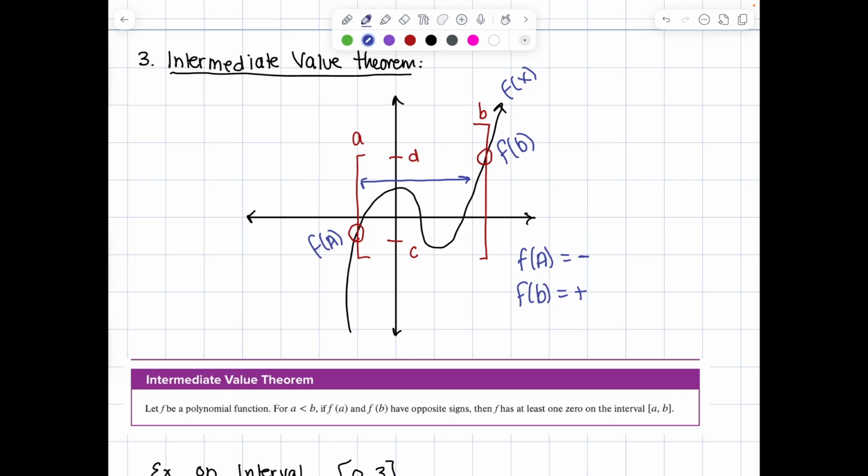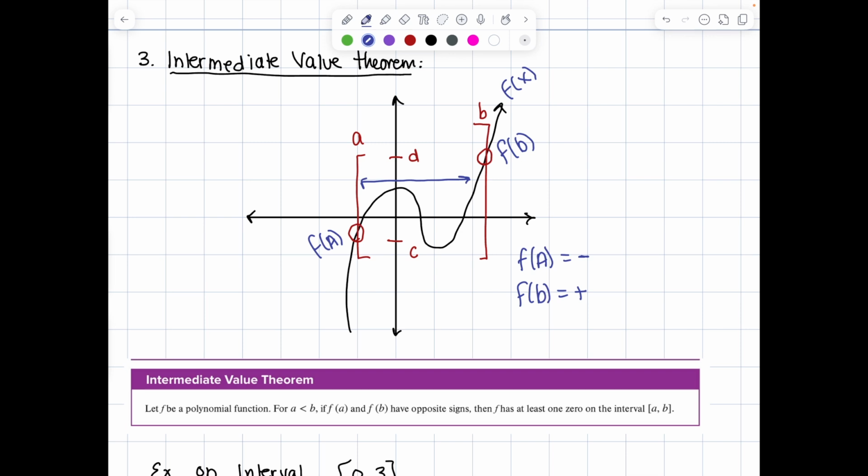And so this is actually one of the main ideas for root finding, is that you can code this up very easily. I've done it many times in Python: you run a function that evaluates a specific interval and tests if f of a is less than 0, if f of b is less than 0, if the signs are different, right? There's ways to write that. And then you can say, okay, well then there's a zero, but you can't necessarily immediately find the zero.